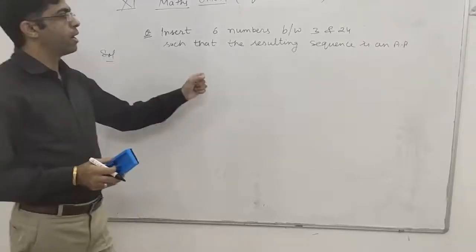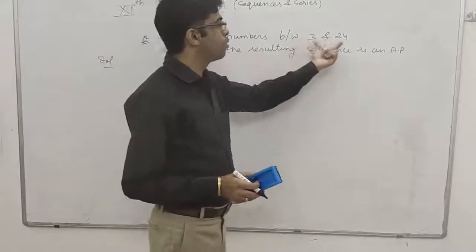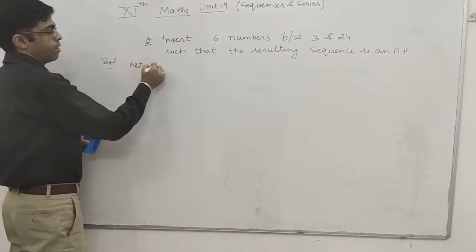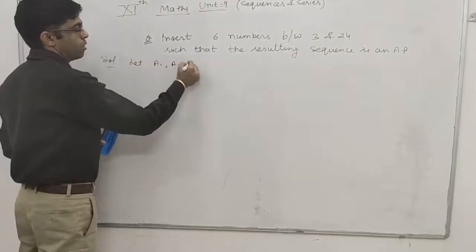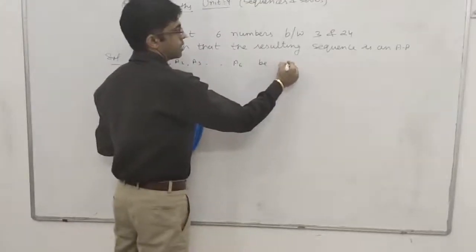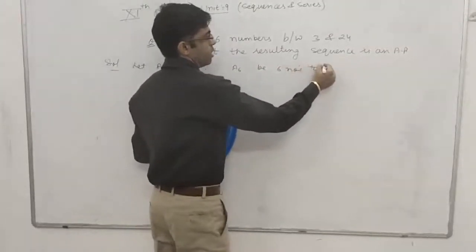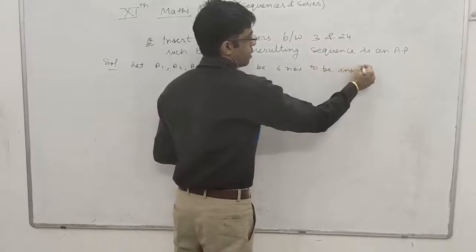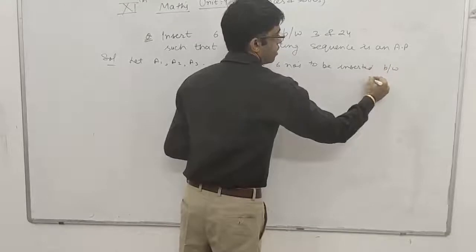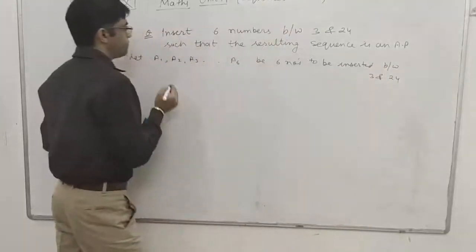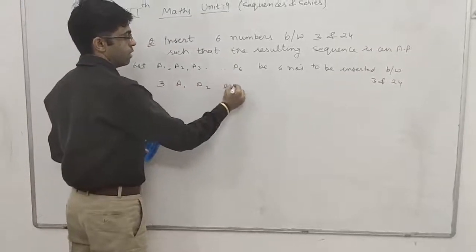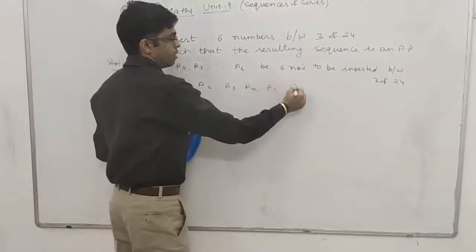Now, how to add 6 numbers between given two numbers so that the resulting sequence will form an AP. In this, let a1, a2, a3 up to a6 be the 6 numbers to be inserted between 3 and 24.